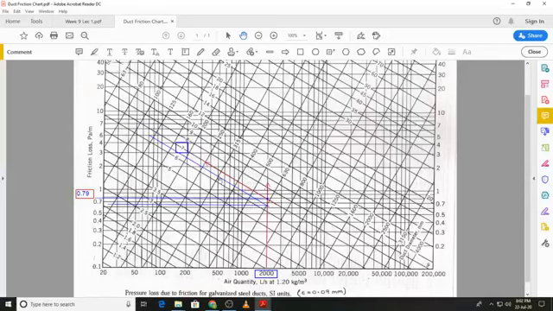And then again you will have to make another guess for VBC, which will now be 6.25. We again change this line and we will have another point of intersection. You can see this is 0.5, this is close to 0.6.